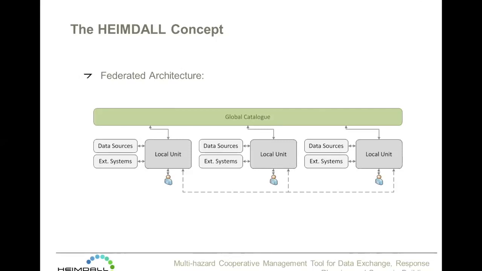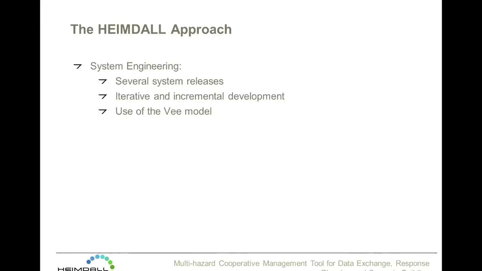So every local unit can provide different data and services, and publish in this catalog what data and services are available, so that end users connecting through other local units can access the catalog, be aware of the data and information available, and access it directly through the corresponding interface. So this would be the concept as a whole.